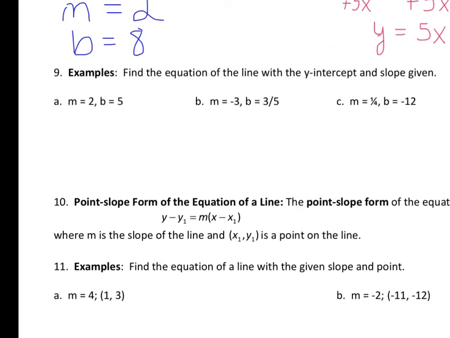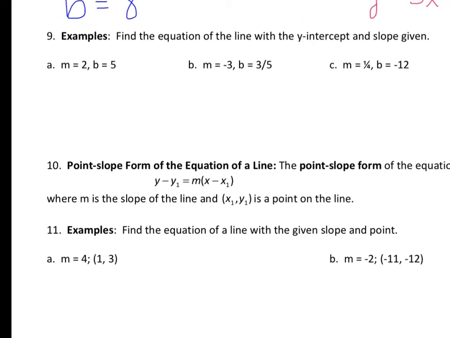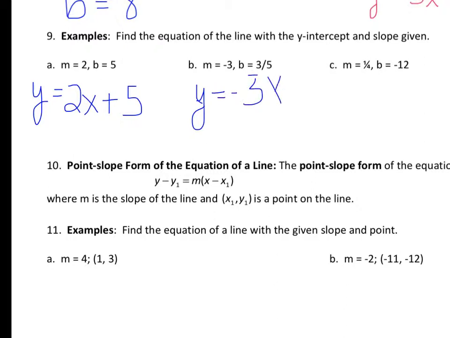Find the equation of a line with the y-intercept and slope given. So we just take the information given to us and write the equation. So this is y equals 2x plus 5. This one will be -3x plus 3/5.